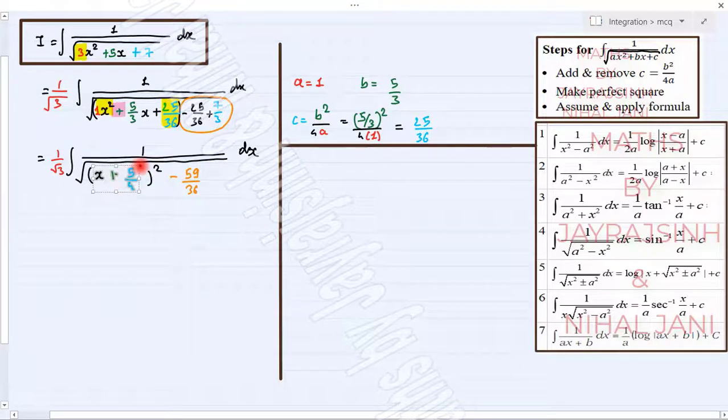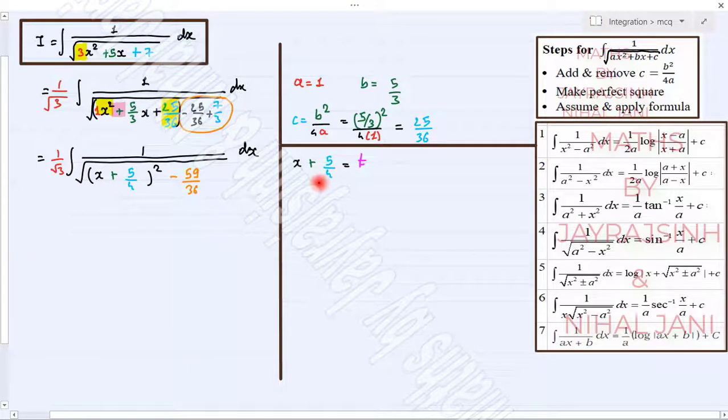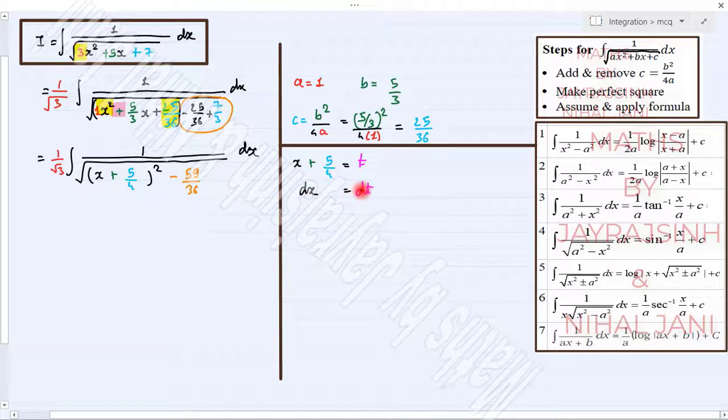To convert into standard form, we have to assume this bracket is equal to t. So we can get dx is equal to dt.